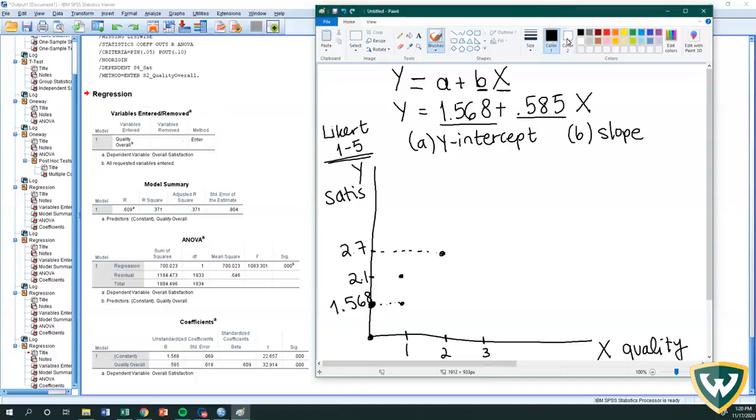This is a data point that lies on my line. This is another data point that lies on my line, and then this is another data point that lies on my line. I'm sorry for the little crooked points over there, but this is basically a visualization of my regression equation right here.